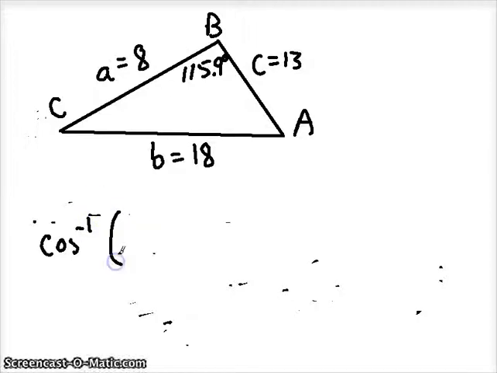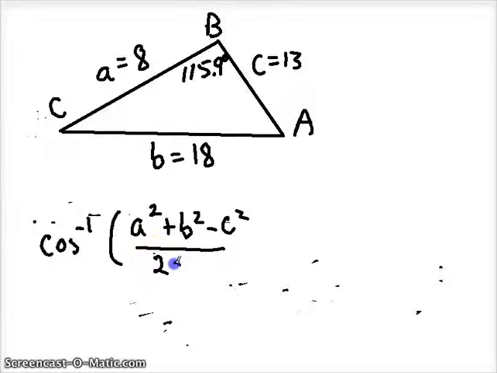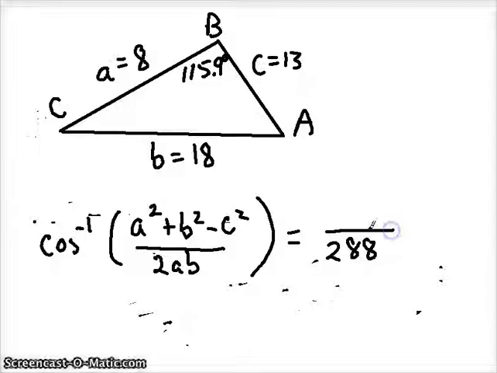The inverse cosine of my equation would be a squared plus b squared minus c squared all over 2ab. When I substitute, I get approximately, what was it, 288 on the bottom and 219 on top. So if I take the inverse cosine of this ratio, I get my angle measurement, which is approximately 40.5 degrees.